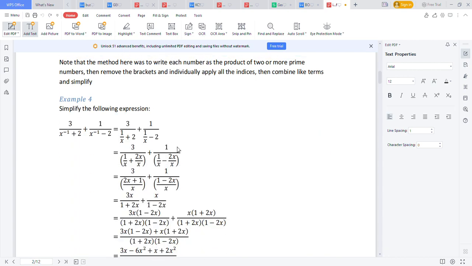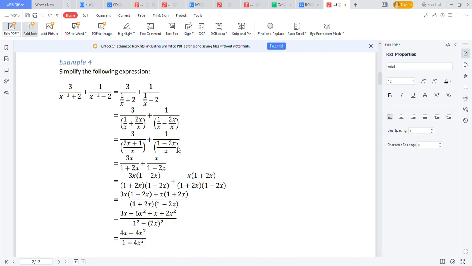Example 4. You are told to simplify the expression: 3 over x raised to negative 1 plus 2, plus 1 over x raised to negative 1 minus 2.